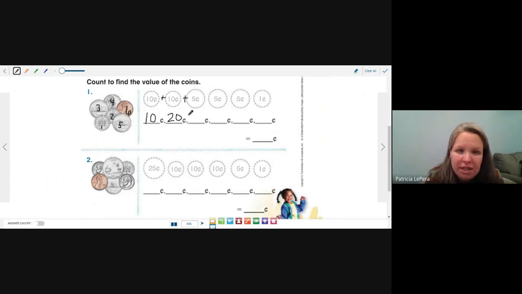So it would be 20 plus 5 is 25, plus 5 more is 30 cents, plus 5 more is 35 cents, plus 1 penny, 36 cents. So our total, 36 cents.